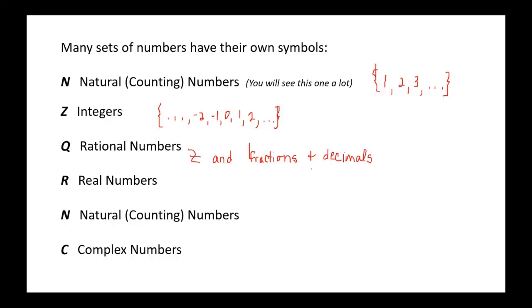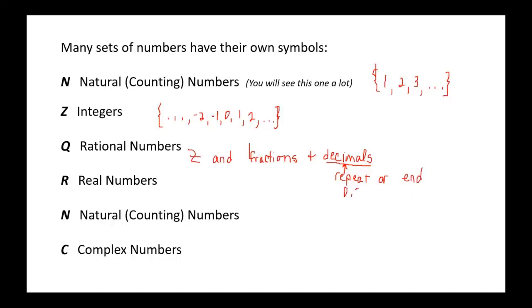But here's the thing: if you're looking at rational numbers, the decimals have to repeat, like 1/3 is 0.333333, or they have to terminate, which means they have to end.